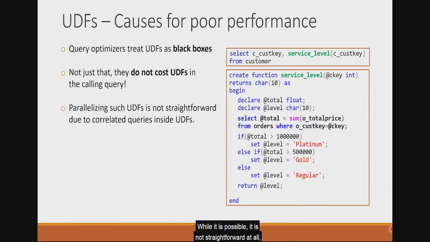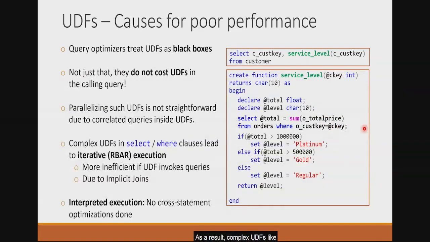While it is possible, it is not straightforward at all, especially in the presence of correlated queries like the query shown in the middle here. Intermixed with the imperative programming style, there is a declarative SQL query inside the UDF as well. So this makes it harder to parallelize.